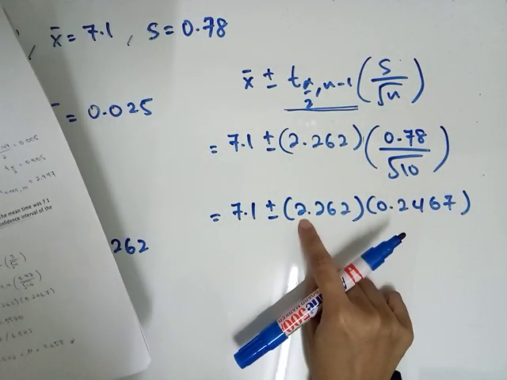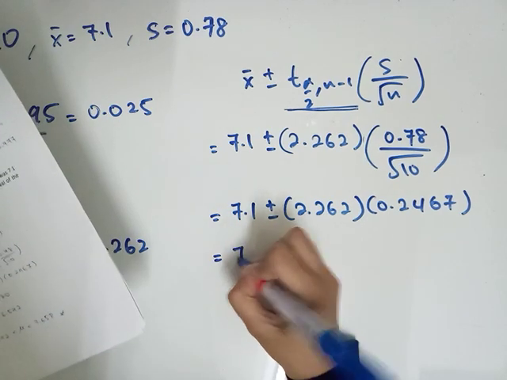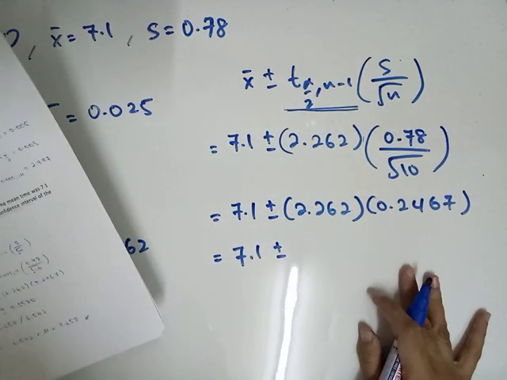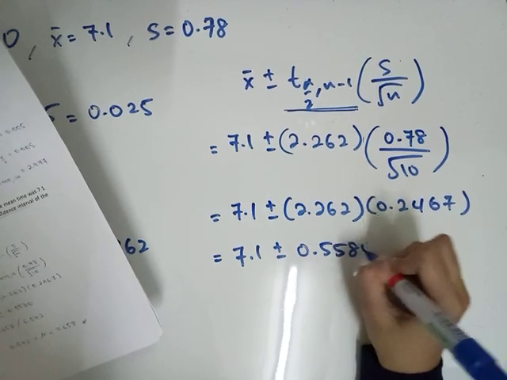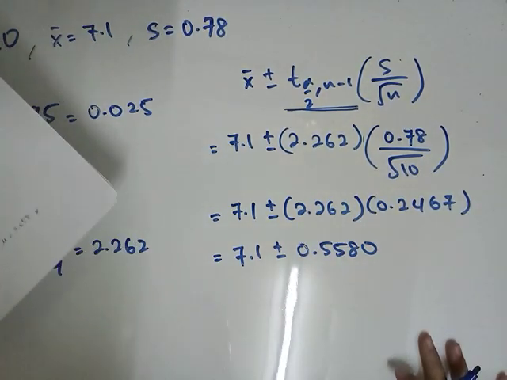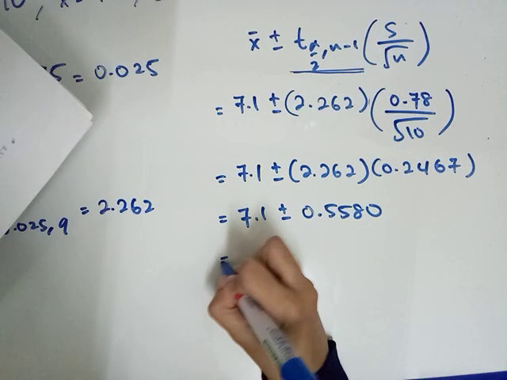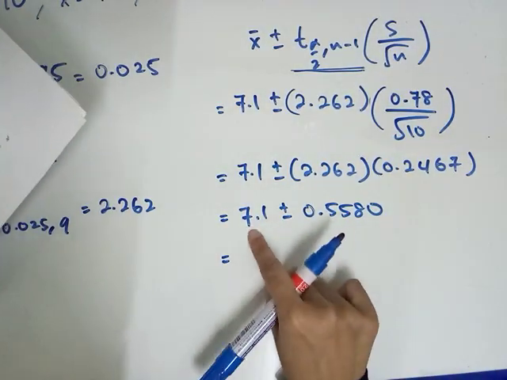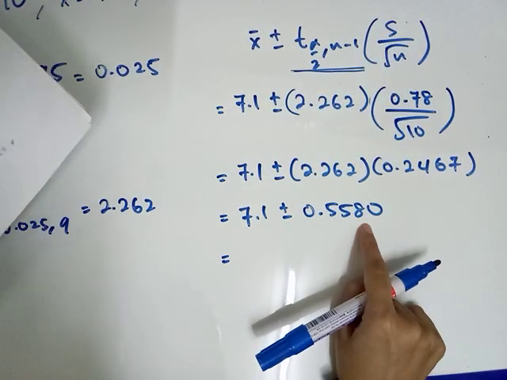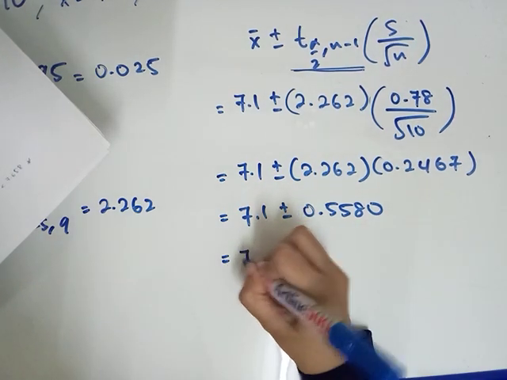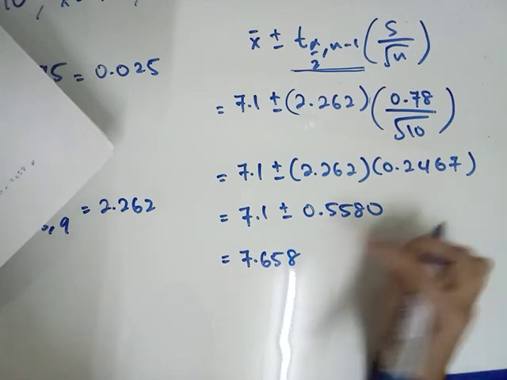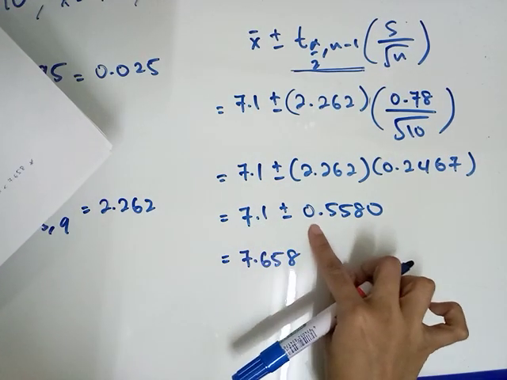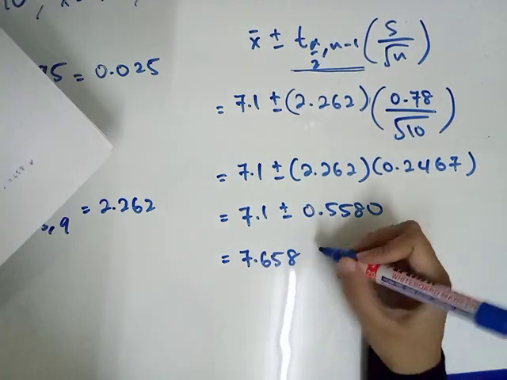And then times 2.262, you will get 0.5580. And then you have to solve 7.1 plus 0.5580. You will get 7.658. Another one, 7.1 minus 0.5580 is 6.542.